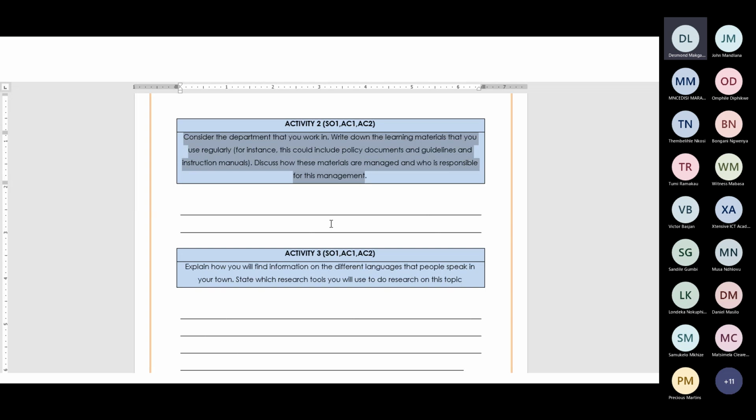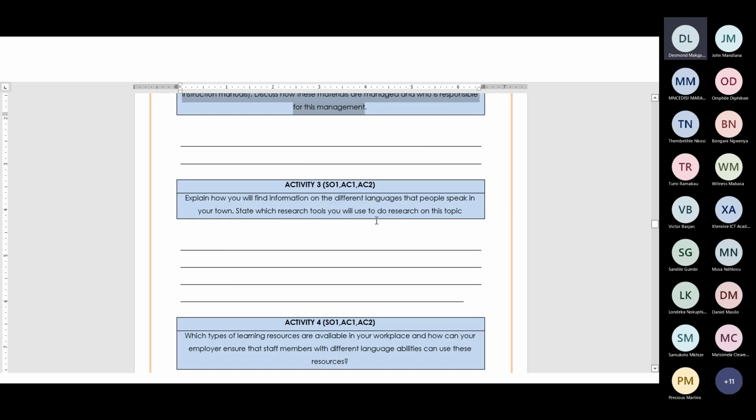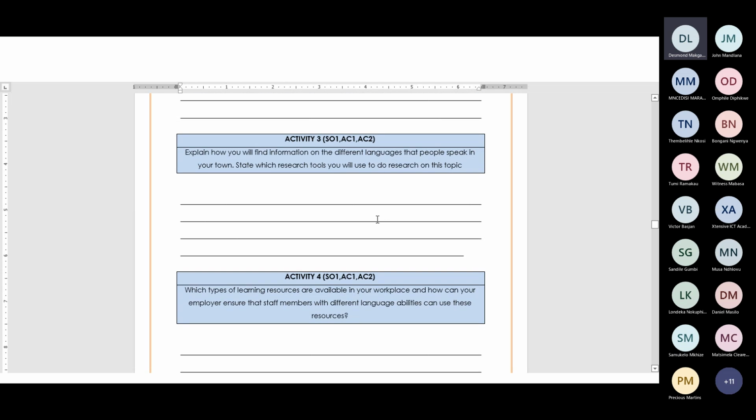If you've also got some previous experience, I think you can use that as well. We're not going to dispute that you guys have in your previous employment worked and had some access to some learning resources there. Right.